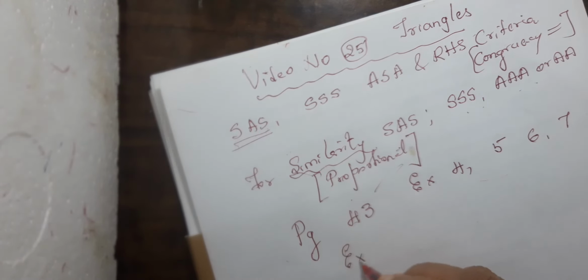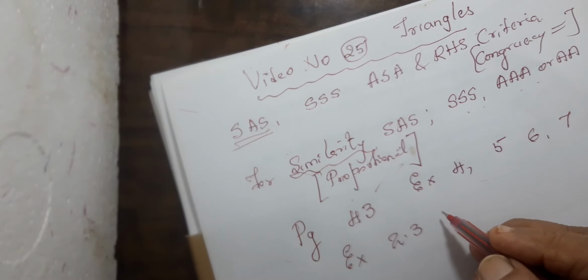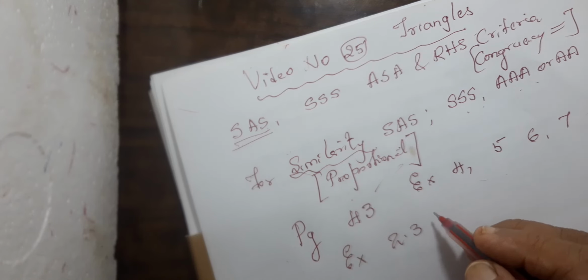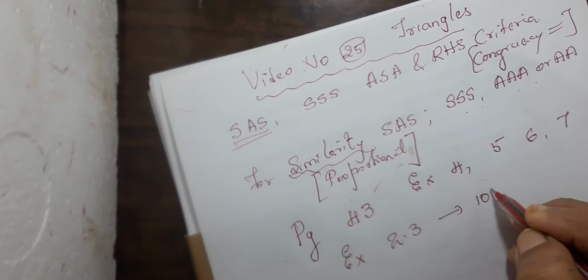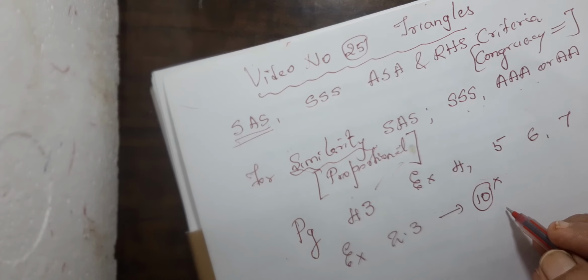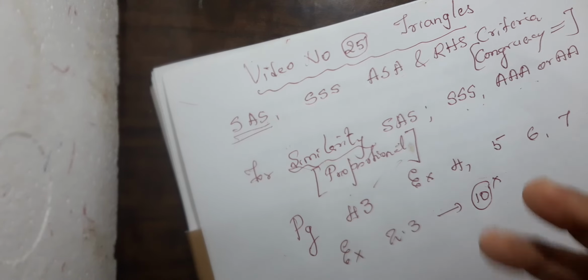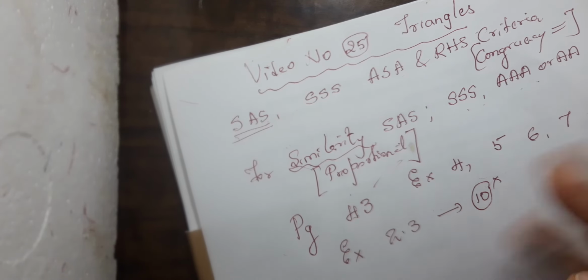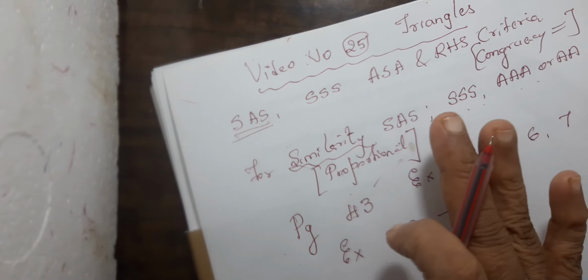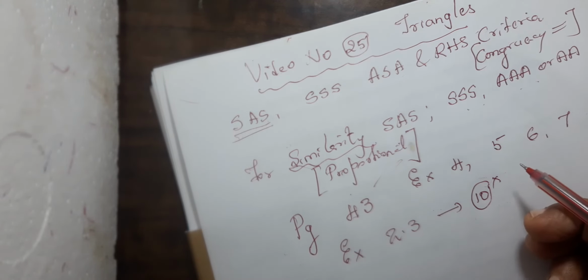Then comes exercise 2.3. There I want you to try with the help of the solution book. You don't consider question 10, just cancel it because it's a bit complicating. Then up to 16, if you go on with concentration in the solution book, you'll understand it. Of course I will do some, but I can't do all the sums. You have to do the rest with the help of the solution book.